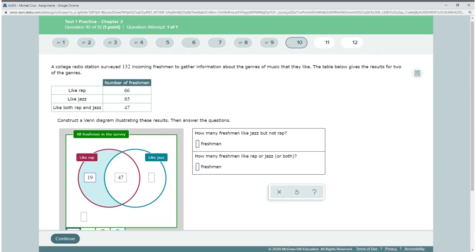Now, the jazz circle has to add up to 85. So there's already 47 people in there. So that means this is 38. All right, now, how do you think we can find this?